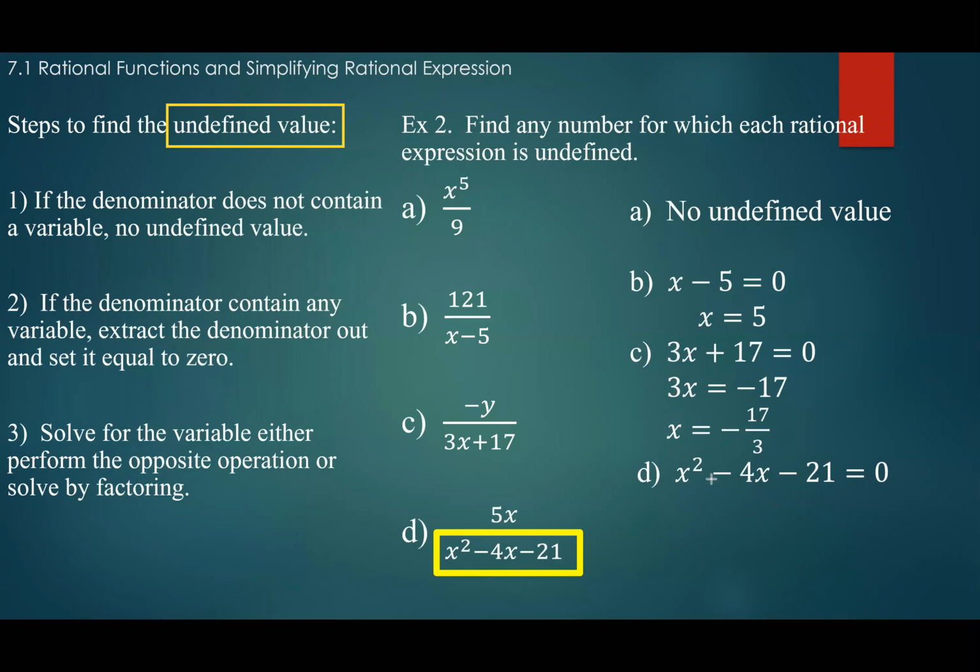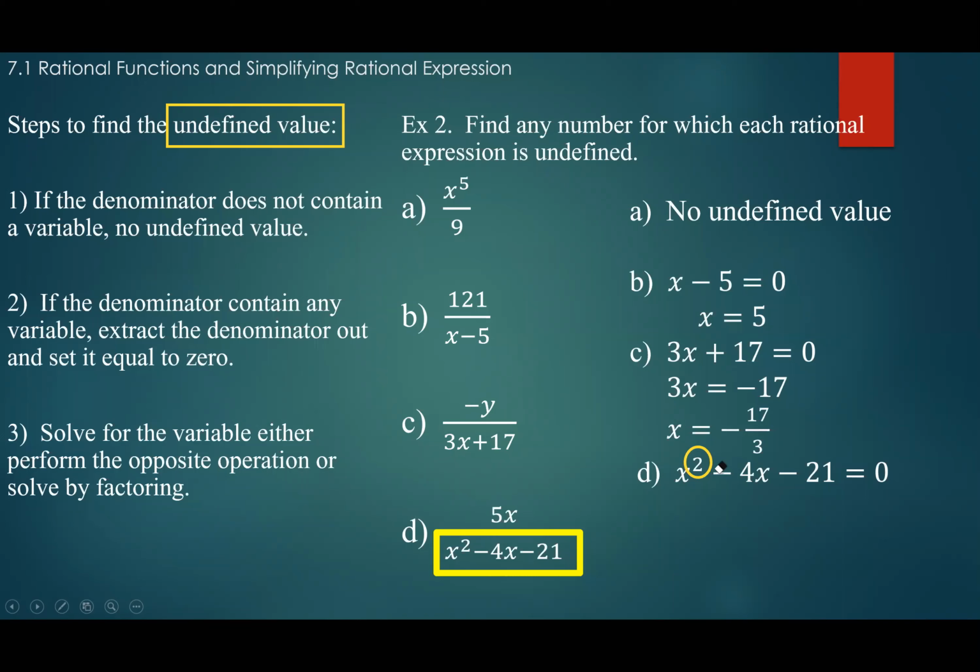Well, the previous three problems don't have a square. If you took the test last night, you know that if there's a square and it's equal to 0, we need to factor it out.